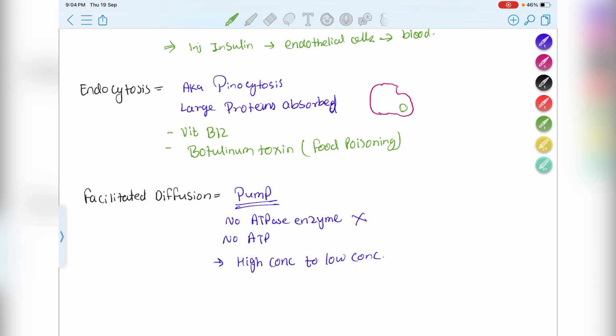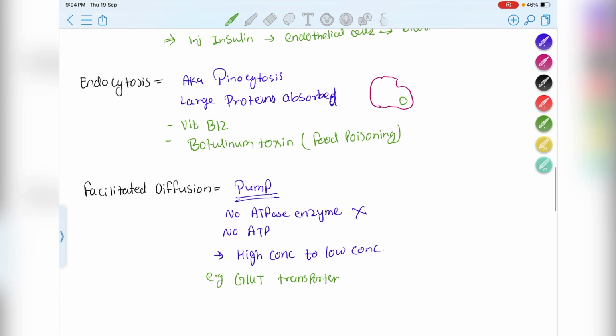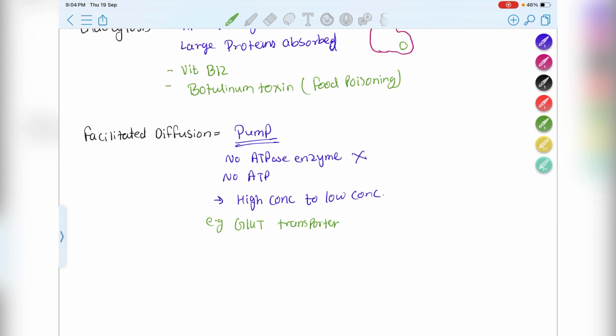Examples we can see here: the Glut transporter. Also we have the example of 5-fluorouracil. The 5-fluorouracil gets absorbed through the GIT by this method.